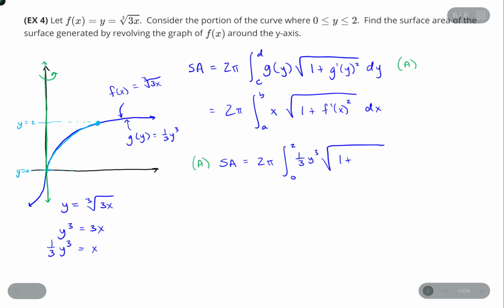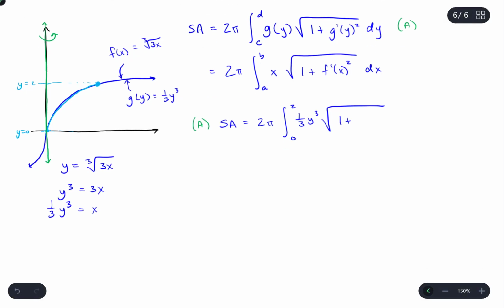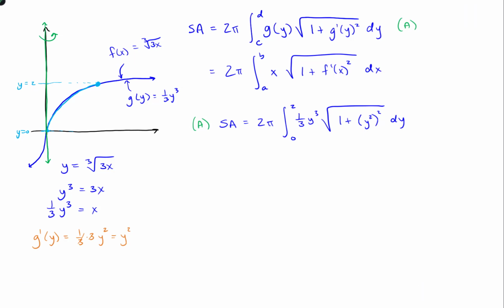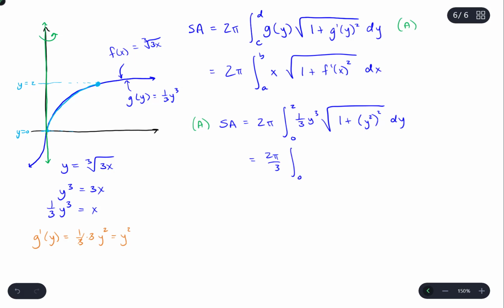So probably need to go off to the side to get that. g prime of y, we have 1/3, bring the 3 down, and subtract 1 from the exponent, so the third and the 3 cancel, so that's just y squared. So this becomes y squared quantity squared dy, or fairly simply here I could say this is 2 pi over 3 times the integral from 0 to 2 of y cubed square root of 1 plus y to the 4th dy.